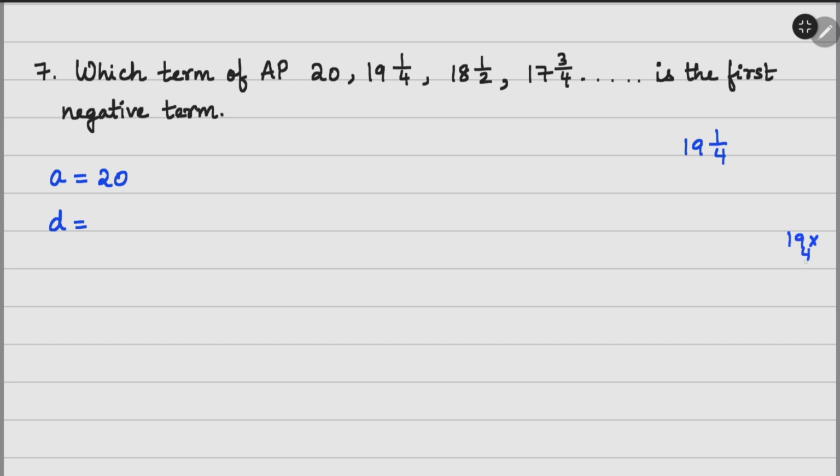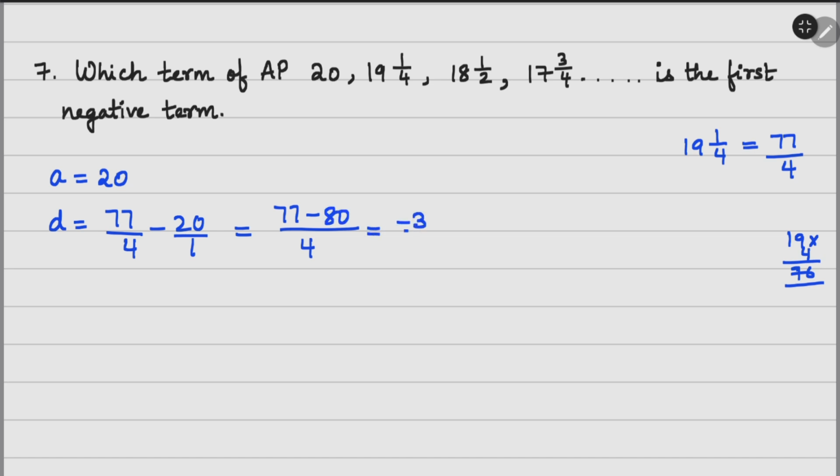It's 76 plus 1, it's 77 by 4. You're converting the mixed fraction into an improper fraction. So what is your common difference? The second term, 77 by 4 minus 20 by 1. Take the LCM 4. So you have 77 minus 80, which is minus 3 by 4. This is your common difference.